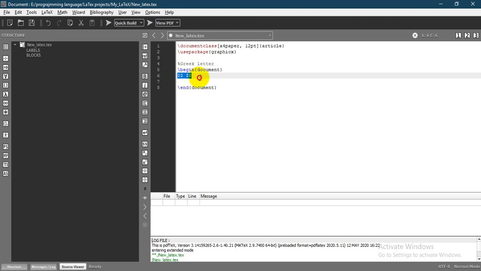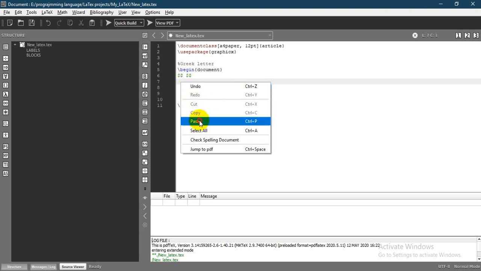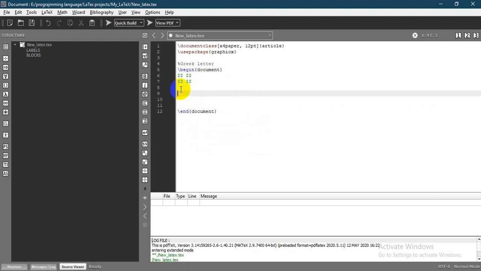I'll copy, then I'll create multiple math modes. So paste, paste, paste, paste, paste. So these are different math modes I've created.